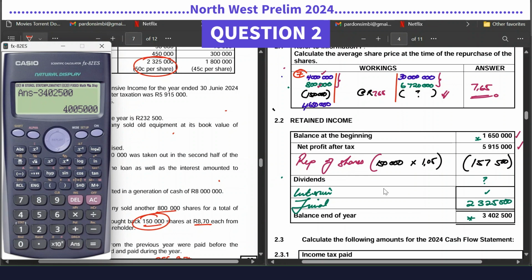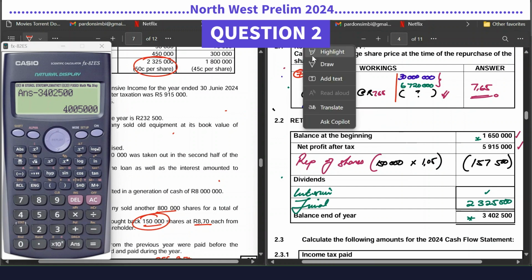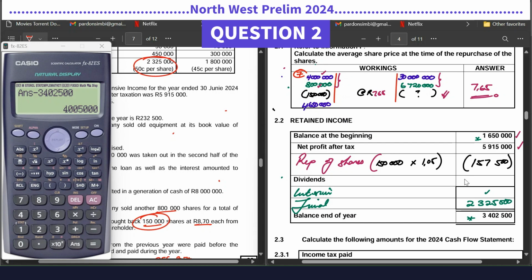So once I get my 4,005,000, I can now get my interim dividends.